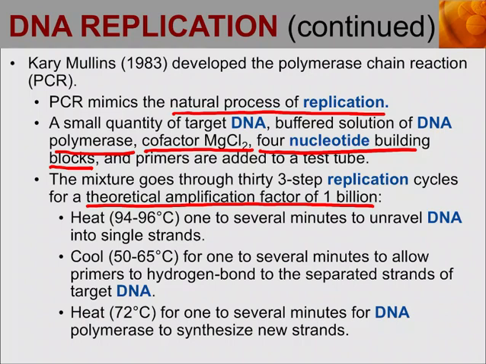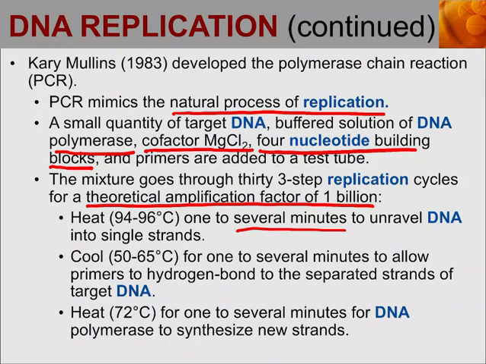The general process is that you heat your mixture to 94 or 96 degrees Celsius for several minutes, and that's going to unravel your DNA into those single strands that we talked about. Then you cool the mixture at about 50 to 65 degrees Celsius for several minutes to allow primers to hydrogen bond to the separated strands.